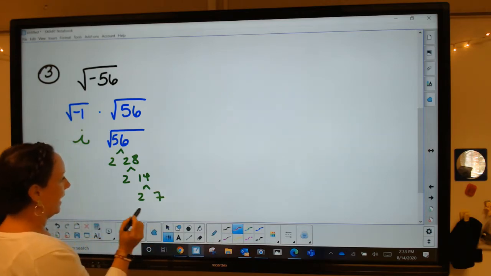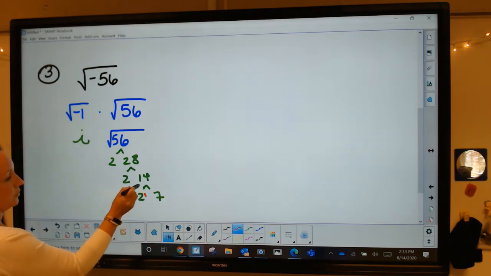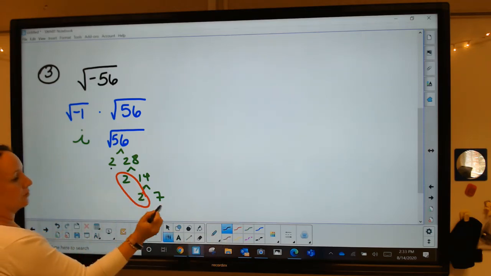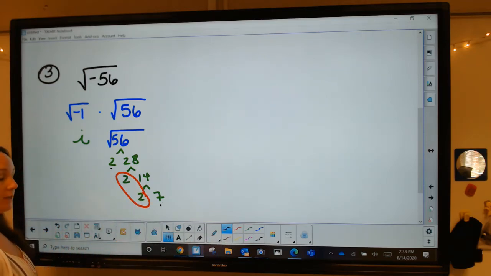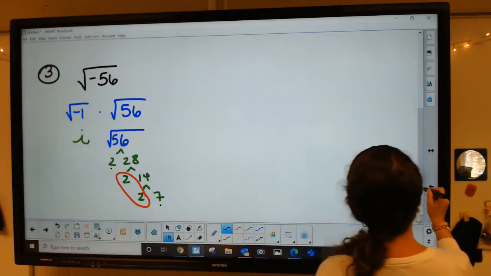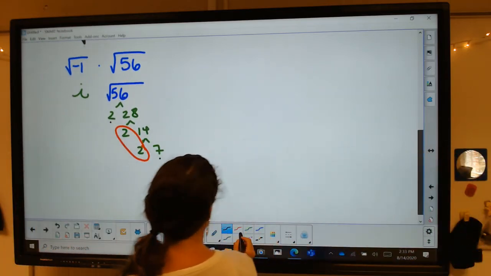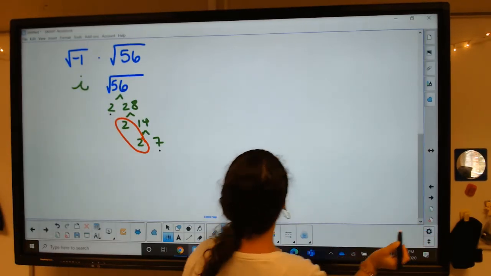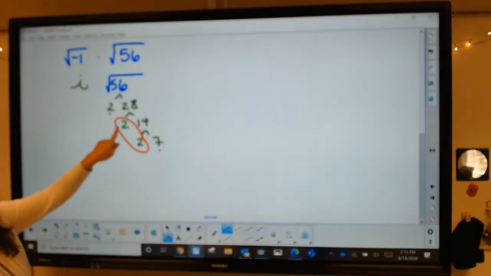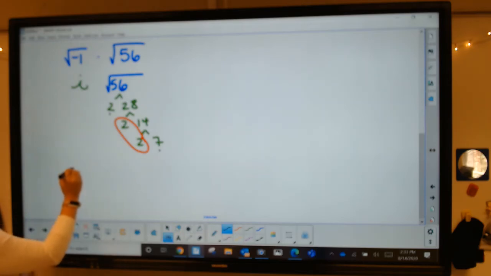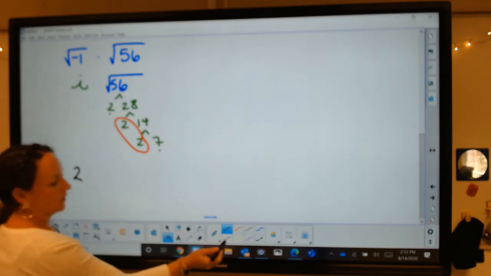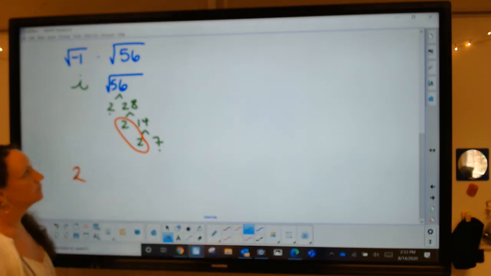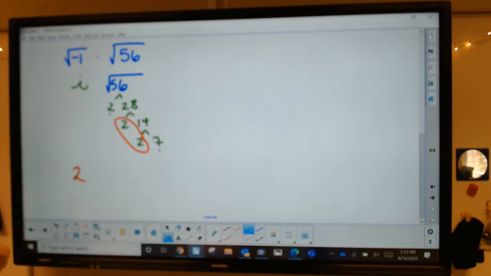So I see I have a pair of 2's, and then I have a leftover 2 and leftover 7. From the pair, 1 of the 2's will be represented outside. And then don't forget to bring down your i.